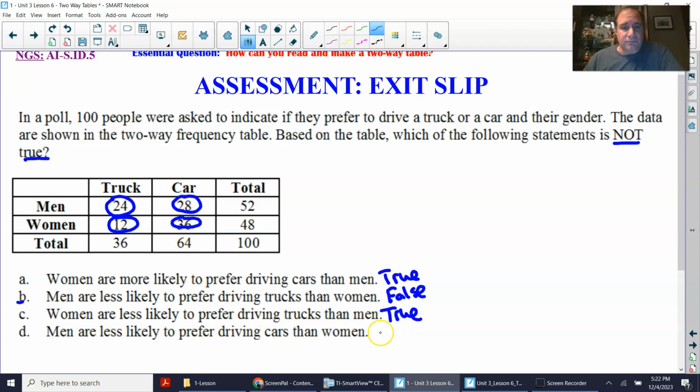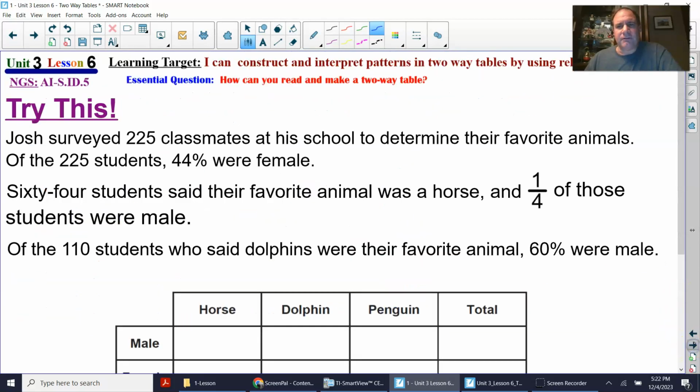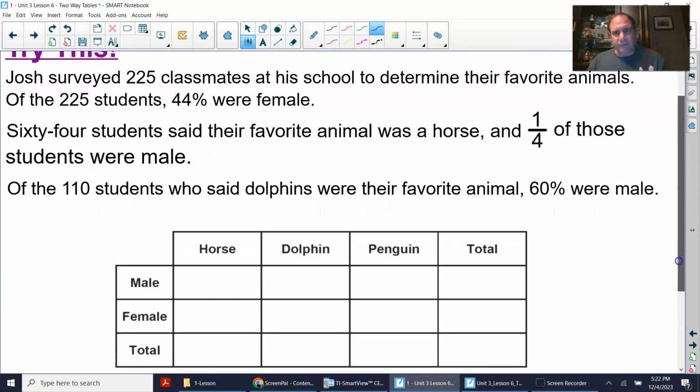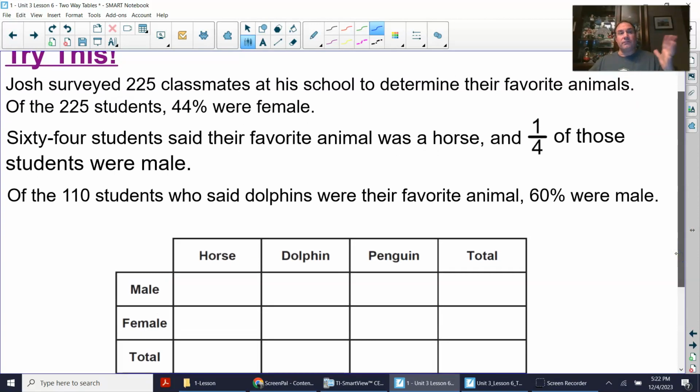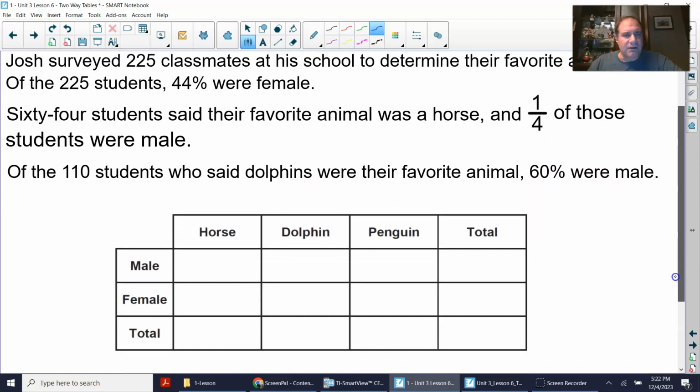All right, that's true because there's 28 to 36. So the answer is B, and that's that. All right, just got to be careful when it says not. All right, it says try this. Just be careful with these types of questions. These are the questions that you are going to get on the regions.